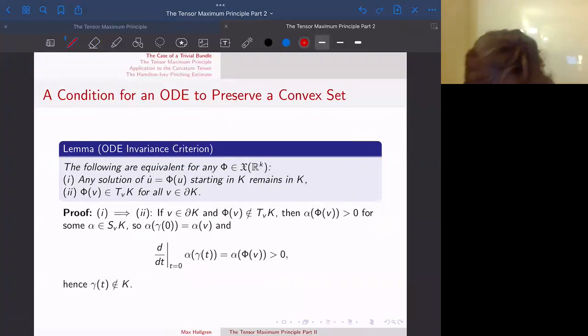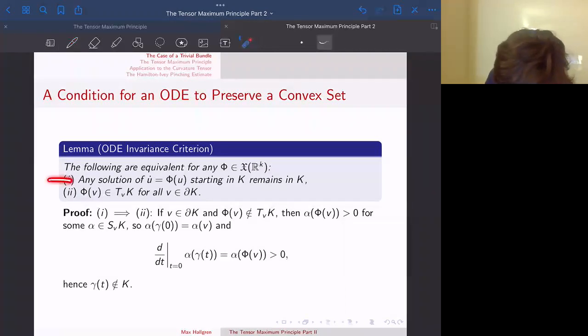Okay. So as I stated, we'd like to reformulate what it means for a convex set to preserve integral curves of an ODE, and so our reformulation is going to be that for a vector field in a convex set, any integral curve of our vector field starting in this convex set remains in the convex set if and only if at every point on the boundary of our convex set, our vector field points into the tangent cone.